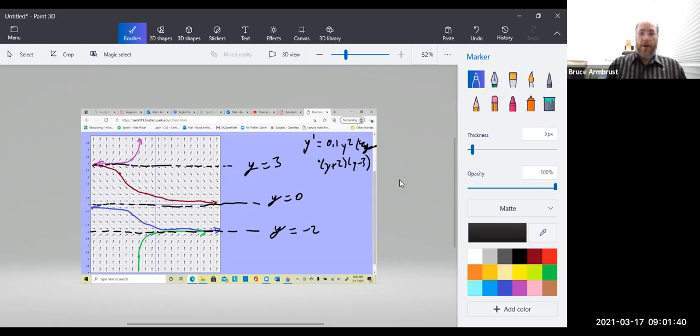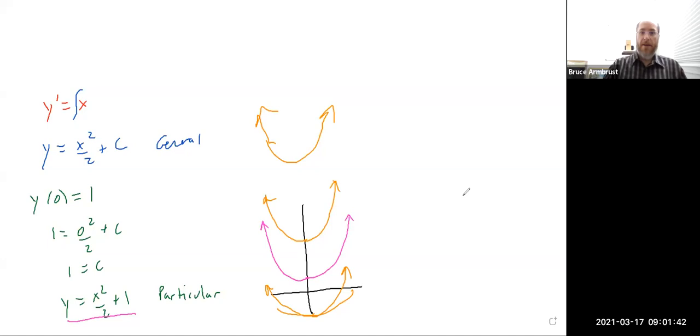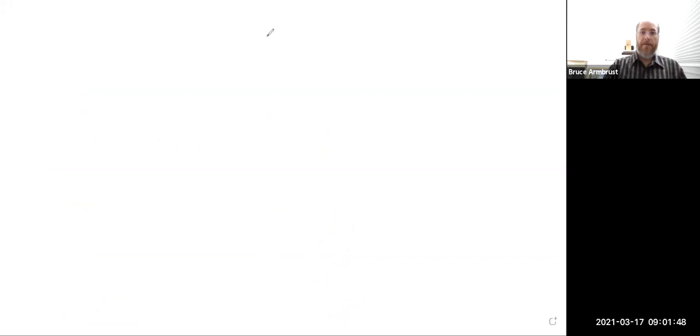So let me go back to the whiteboard here. Let me write this out for you. All right, so equilibrium solutions. These are the places where y prime equals 0, so y is constant.